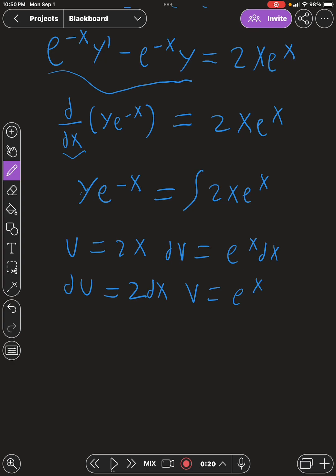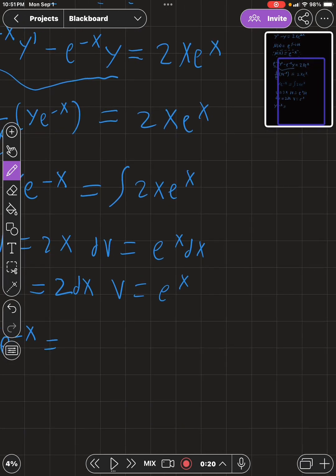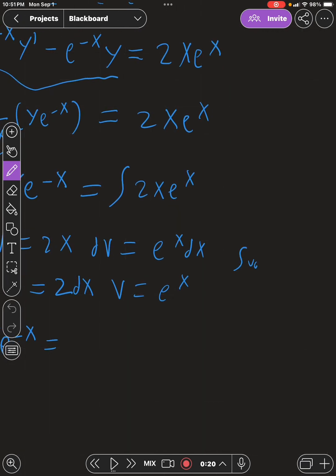So in the end, after we do some integration by parts, we're going to get y e to the negative x. And remember, the integration by parts formula is the integral of u dv is equal to uv minus the integral of v du.